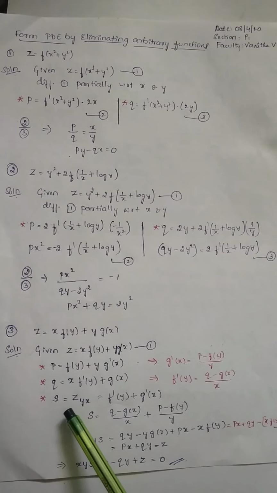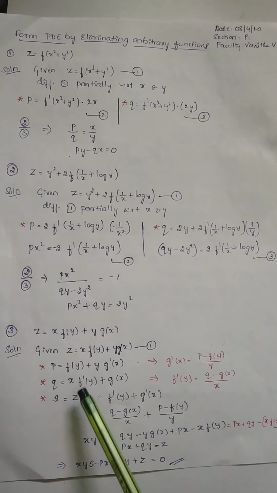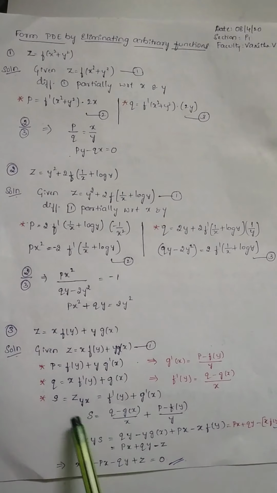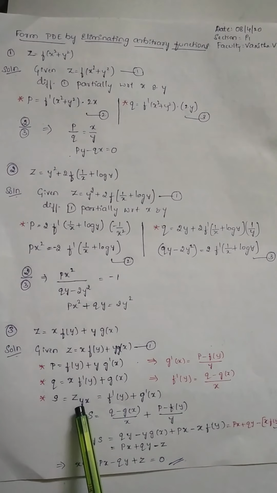S is nothing but z y x, meaning del square z by del y del x. Okay, so del z by del x is p. So you need to find out the differentiation of p with respect to y.